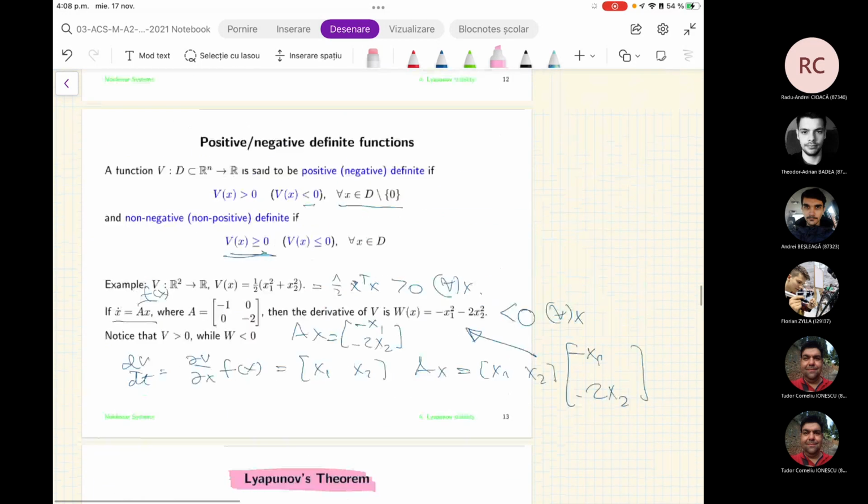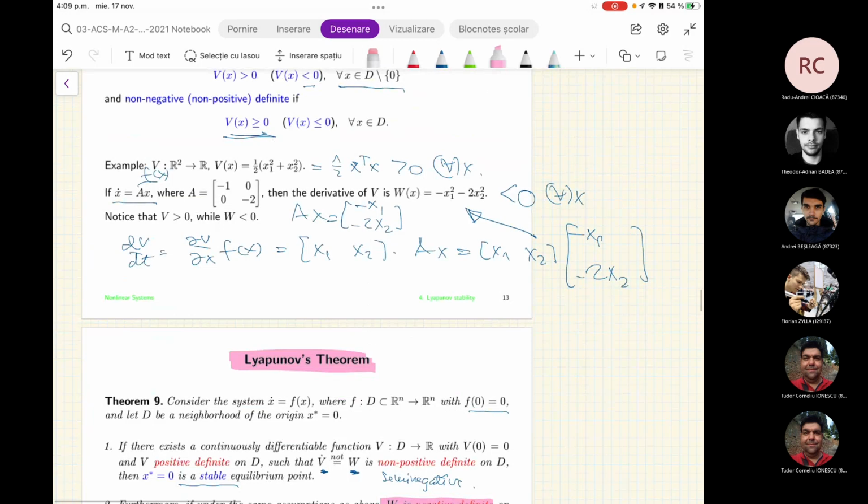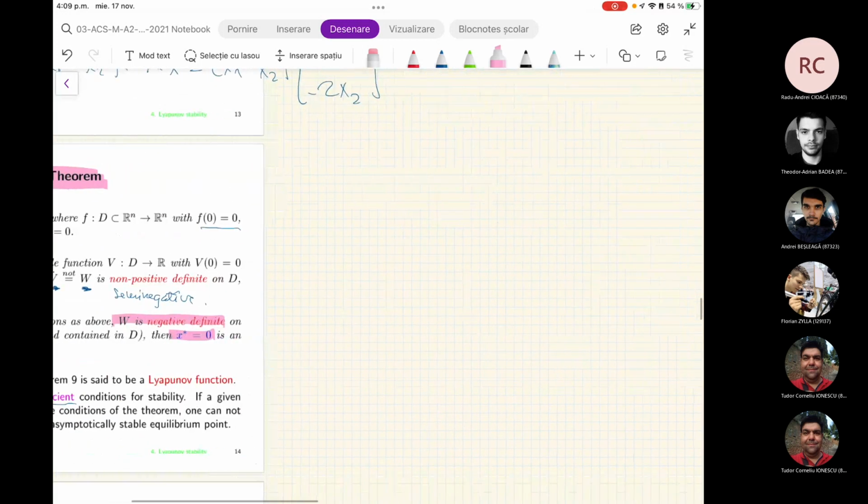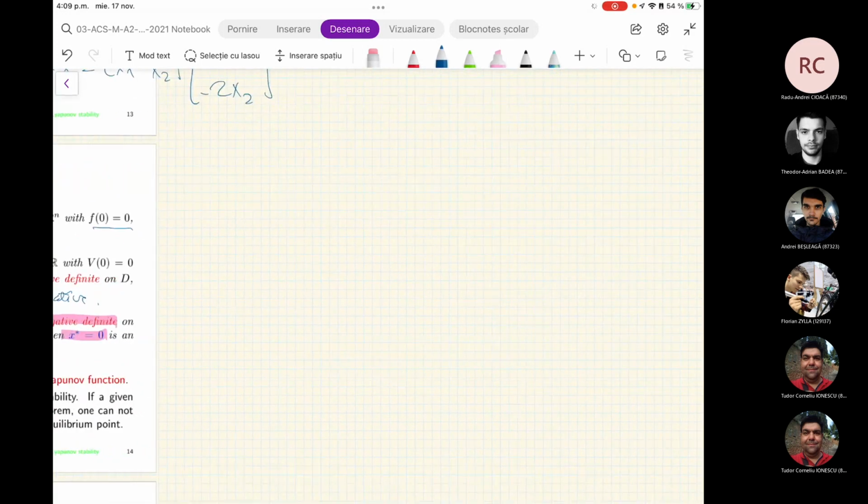Okay, let's go back to this example, and then let's make it a little more general. So you have x dot is, say, the matrix lambda 1, 0, 0, lambda 2, where lambda 1 and lambda 2 belong to R, the real numbers, times x.